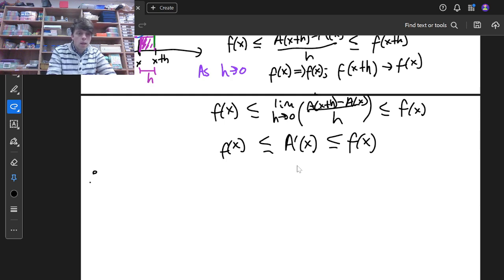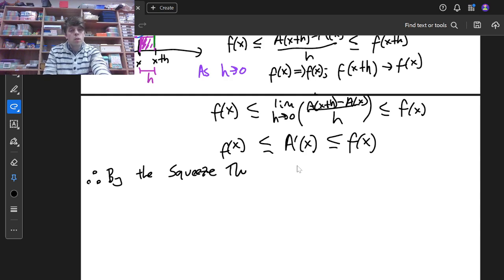So we can say, therefore, by the squeeze theorem, which is this theorem that we've just learnt about here, should be fairly intuitive, but the proof is beyond the scope of this course, so we don't have to worry about it. By the squeeze theorem, we can say that f of x must be equal to a dash x.